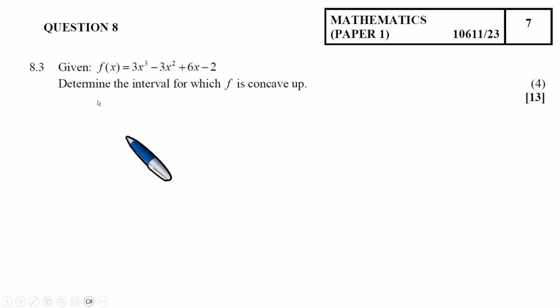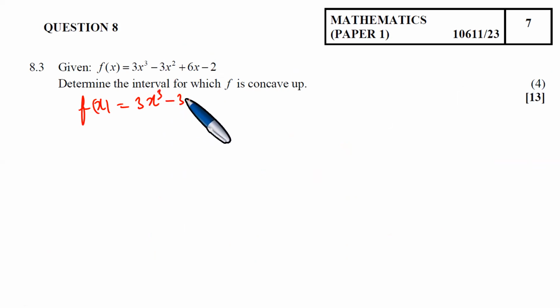Right here, now we need to determine the interval for which f is concave up. Right, so we have f(x), which means it is 3x cubed minus 3x squared plus 6x minus 2. Okay, now you find f'.